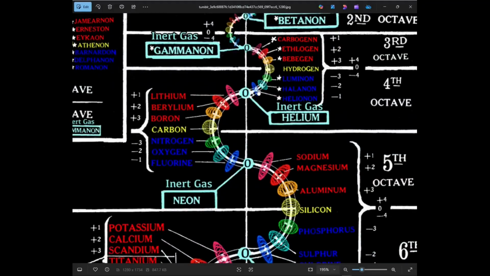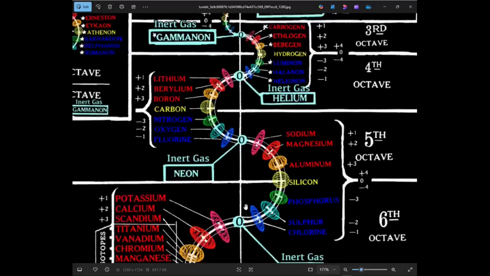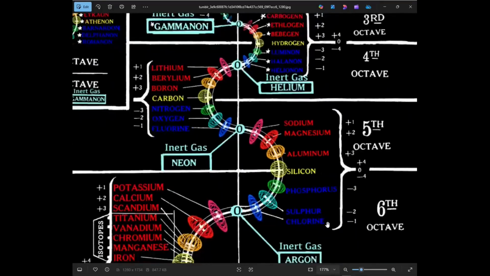So, for example, in traditional science, we're going to look at the chlorine right here, which would be -1. And on the other side, you'd have sodium, which would be a +1.